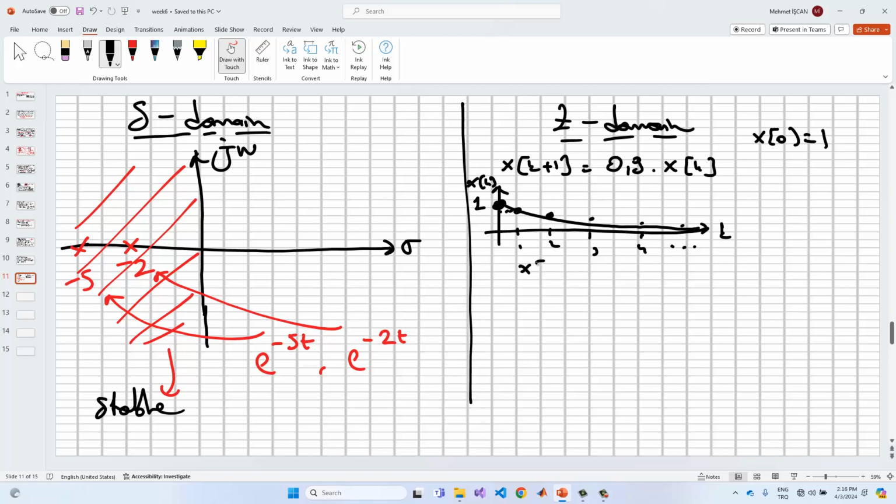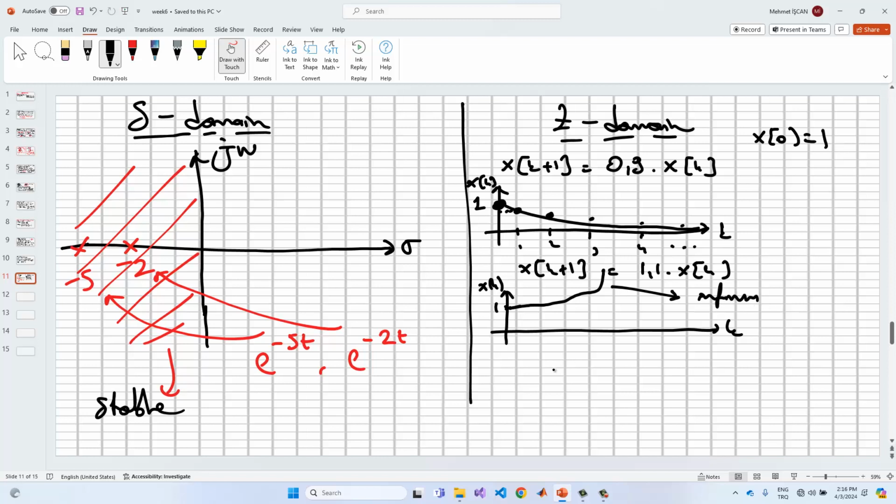For example, if we have x(k+1) equal to 1.1 xk, how about the time response or the sequence response of these terms? In time, we have 1, 1.1, 1.2, and so it goes to infinity, right? Okay, what happens if I choose x(k+1) equal to 1 times xk?